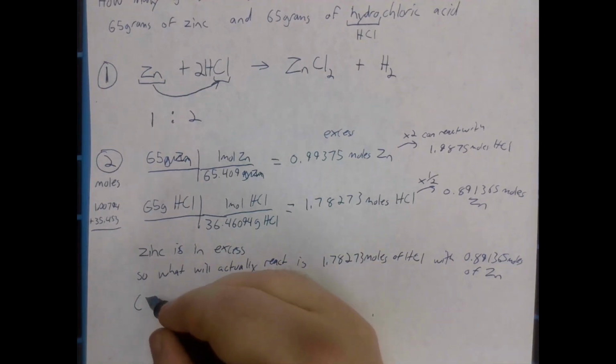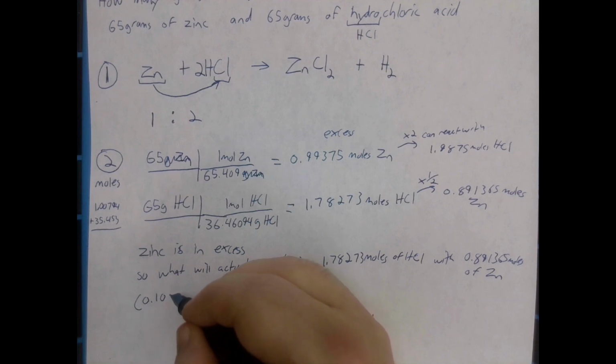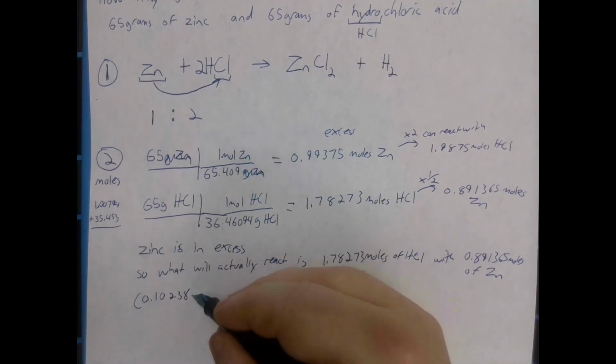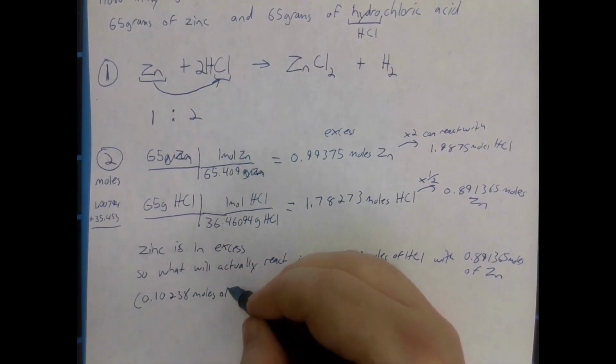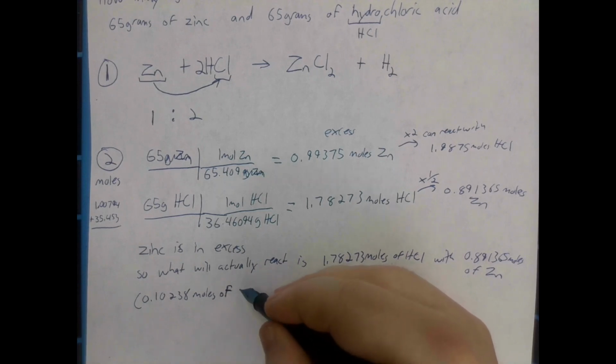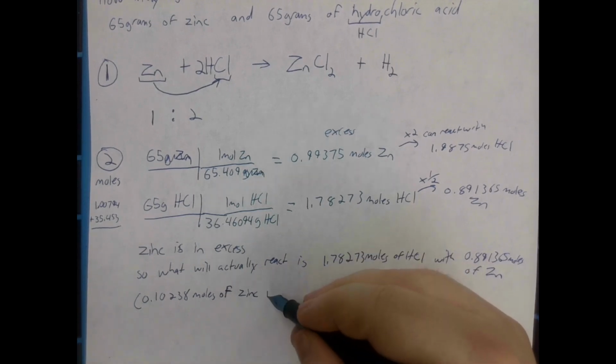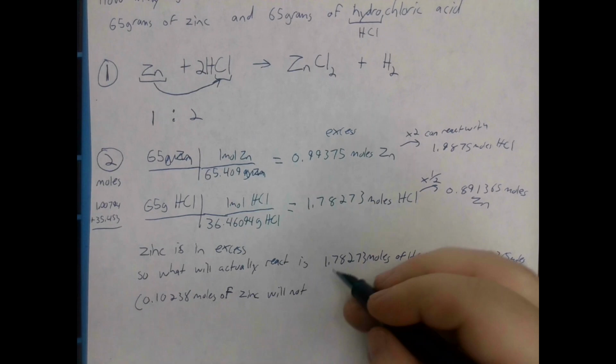This means 0.10238 moles of zinc will not be used.